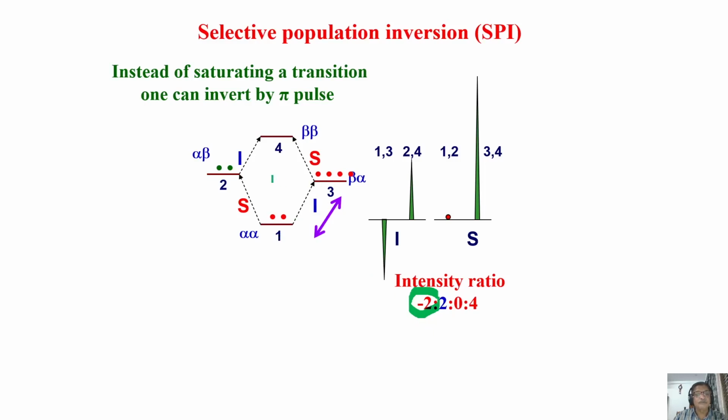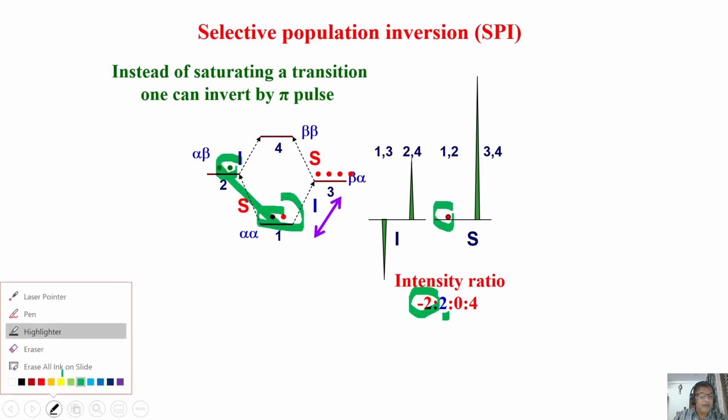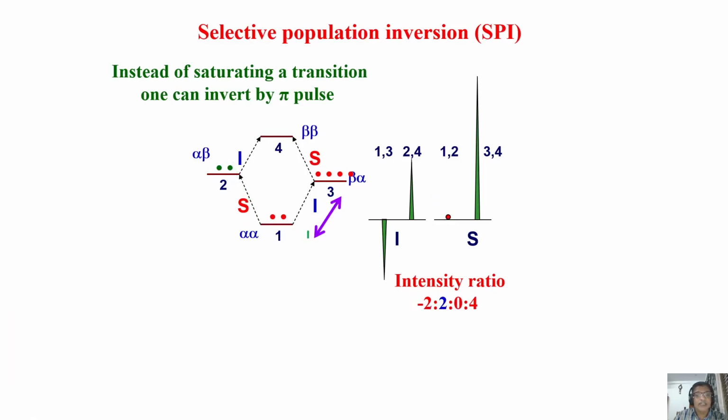Go to 2:4, it is the same, 2, it is not changing. What about 1:2? The 1:2 population difference is 0. I am not disturbing this spin, remind you. I am only disturbing this transition. I am not doing anything for this S transition, but I made this signal 0 by doing selective population inversion.